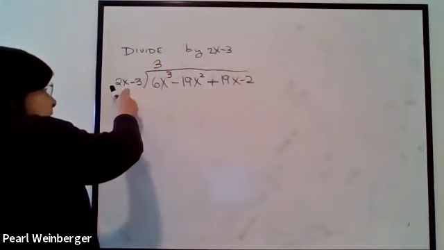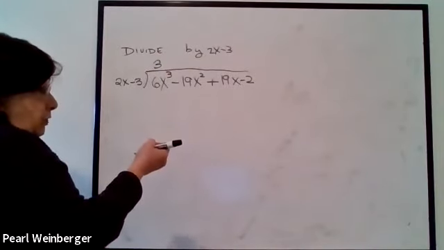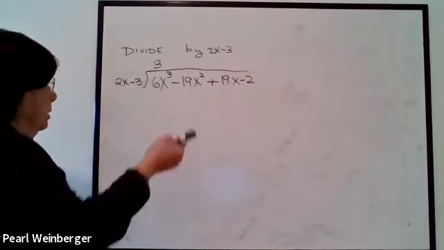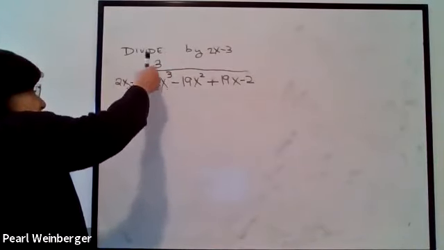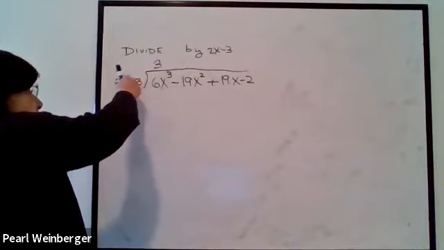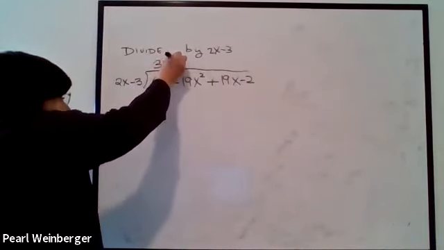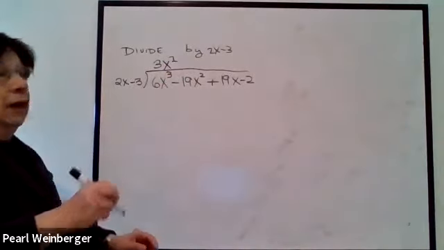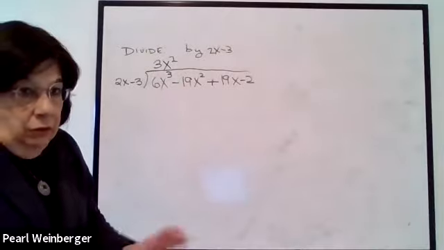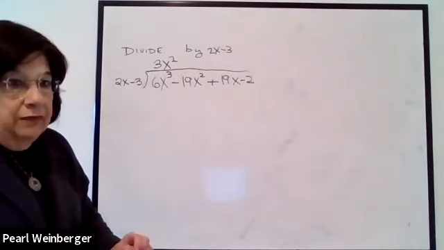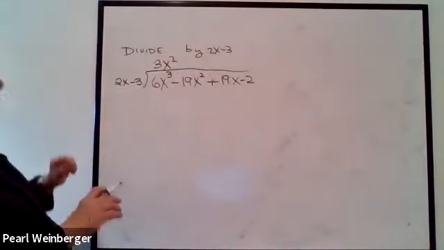And when I divide the x into the x cubed, remember now, when we're dividing the variables, we subtract the exponent. So this is an exponent of 3, this is an exponent of 1, so I get 3x squared. Where you put the answer on top doesn't matter. It's not like regular division of numbers that you have to be very careful as to where you place things. Any place on top works.